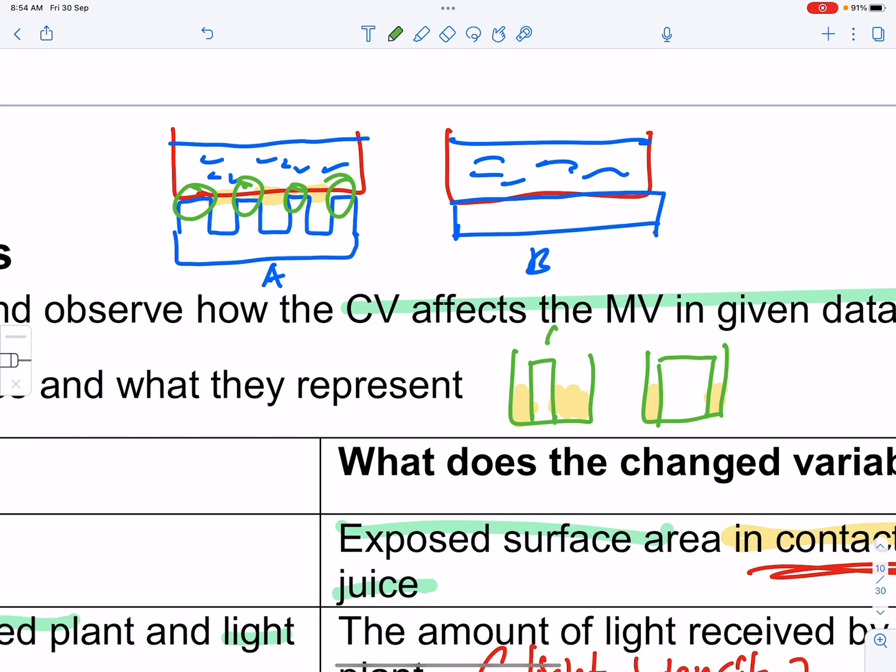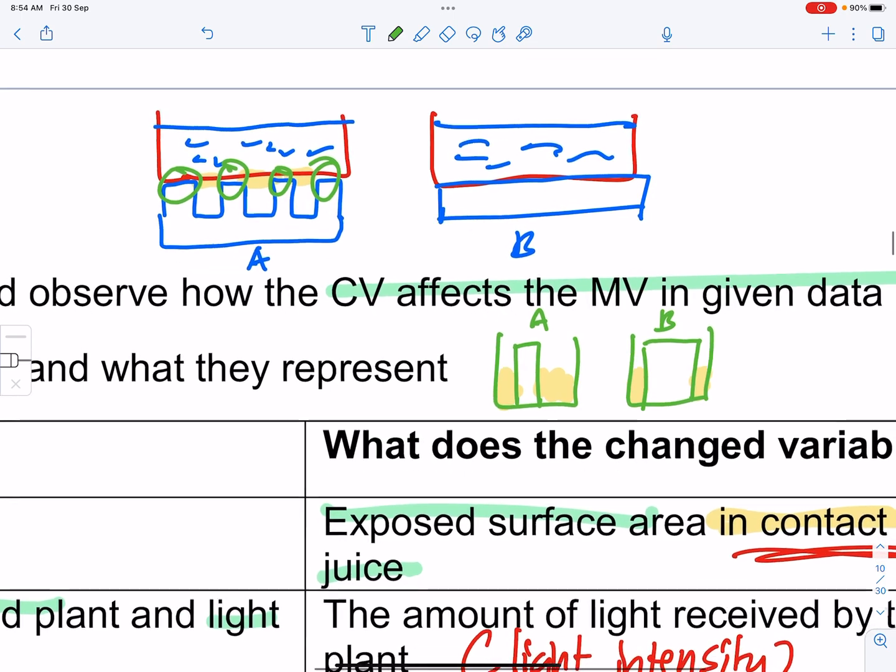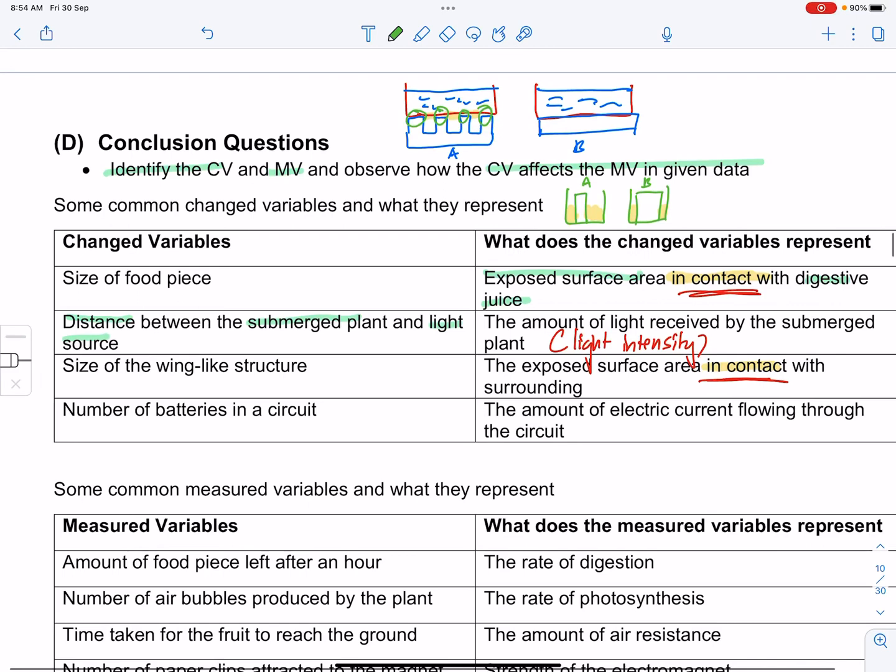This is A and this is B. So I ask you, which beaker, the water in which beaker will evaporate faster? You would say that the water in beaker A will evaporate faster as it has a larger exposed surface area in contact with the air. Okay? So in the exam, you need to write this up.